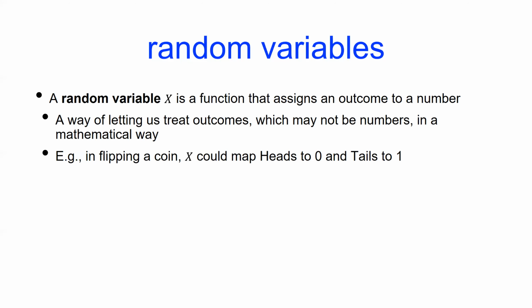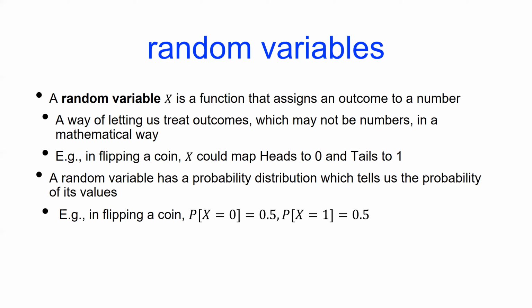Then, if we recall, in the past class, we said if we conduct the experiment, all the possible outcomes will form our sample space. And then we can associate probabilities, how likely each outcome appears.